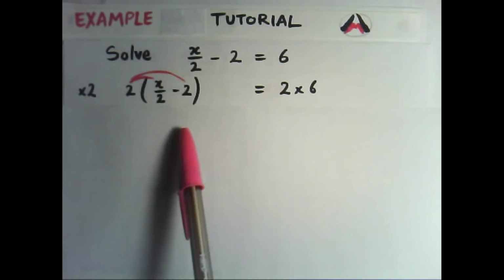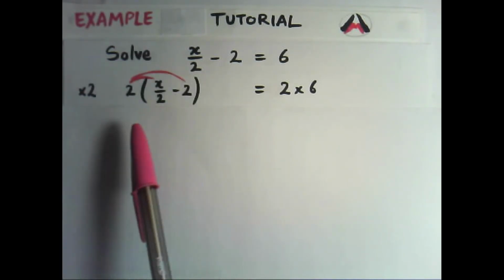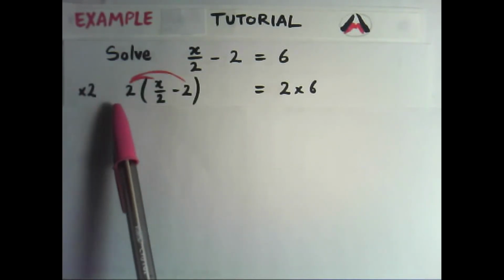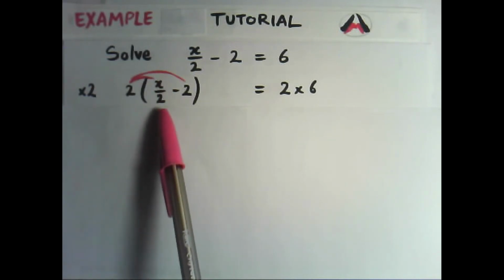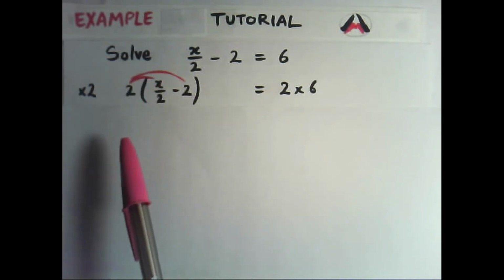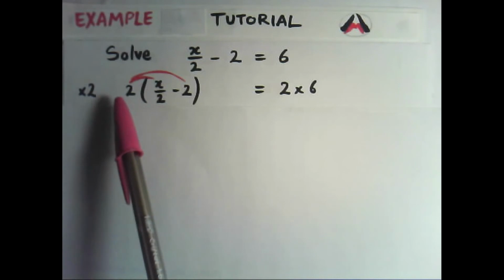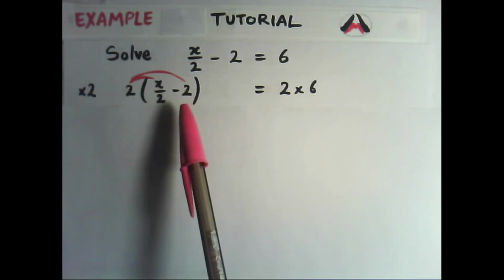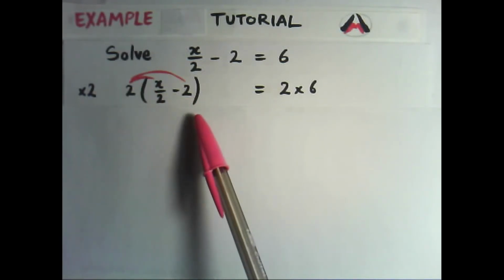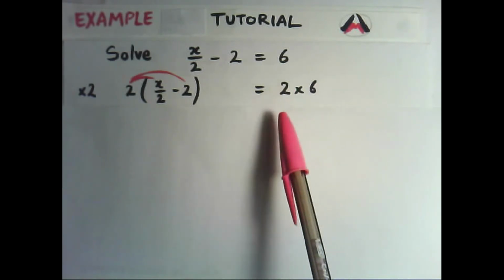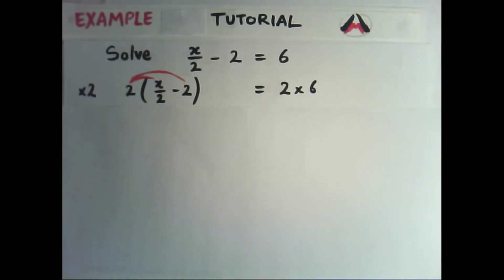So what we need to do here is we need to expand out the brackets. So we get 2 times x over 2, that will give us x, or 1x. And then 2 times negative 2, that will give us negative 4. And on the right-hand side, we have 2 times 6, which is equal to 12.